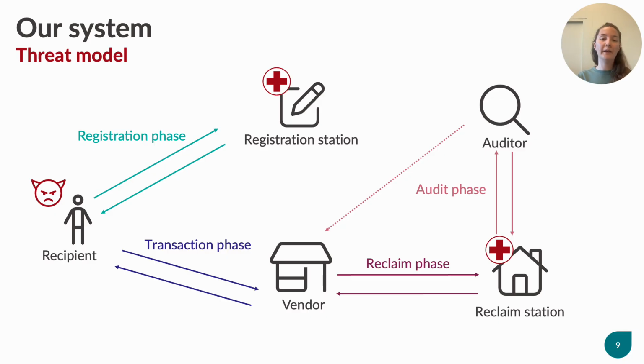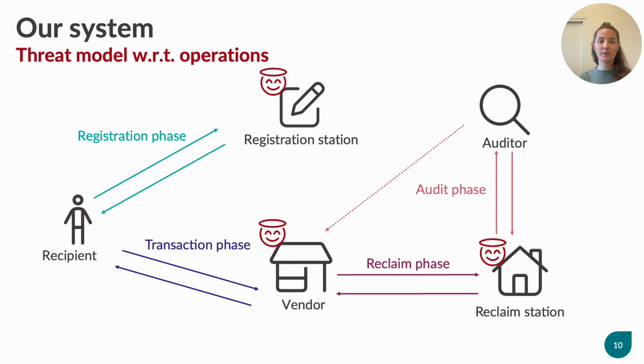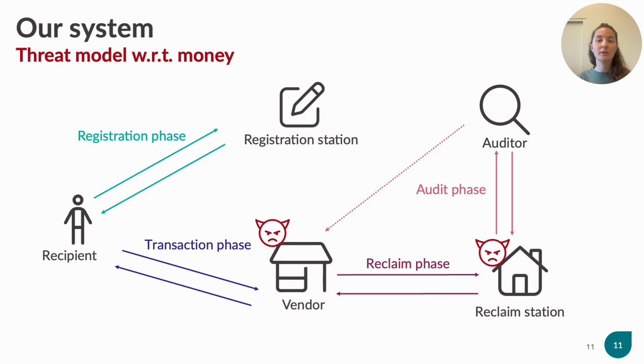Before designing our system, we defined our threat model. The parties behave differently following what the system protects. Overall, we assume the recipients can be malicious. They might cheat when registering or transacting with vendors, but they still want to keep their privacy. The registration station, the reclaim station, and the vendor are honest with respect to the operations inherent to their roles in the system. The vendor and the reclaim station can be malicious with respect to money.